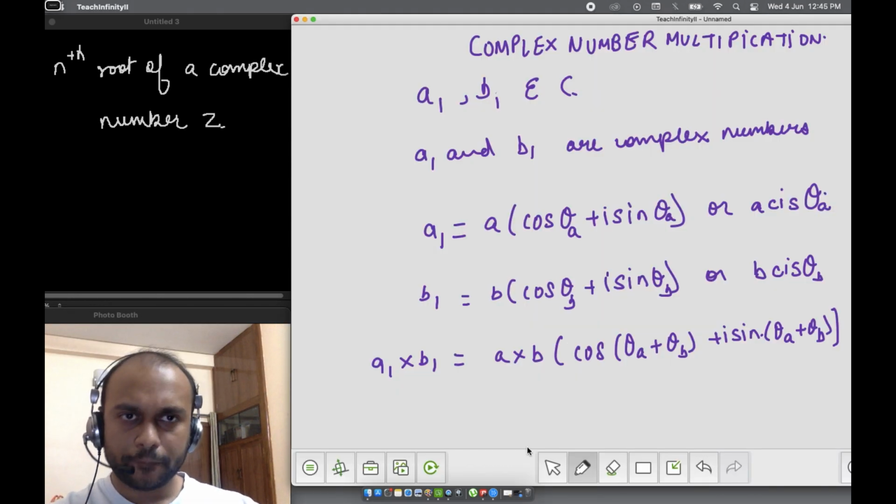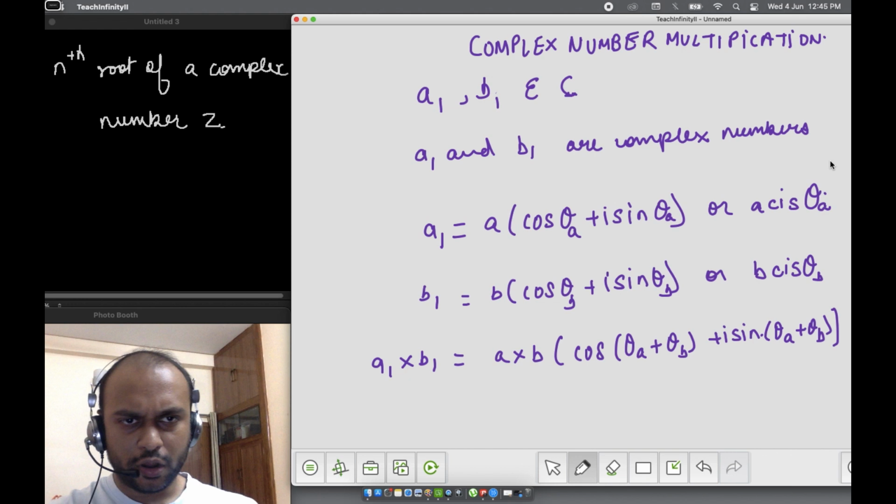Before moving ahead, we first need to review complex number multiplication again. Let us say there are two complex numbers, a1 and b1, which belong to the complex numbers. Here ∈ stands for belongs to, and C is the complex number symbol.